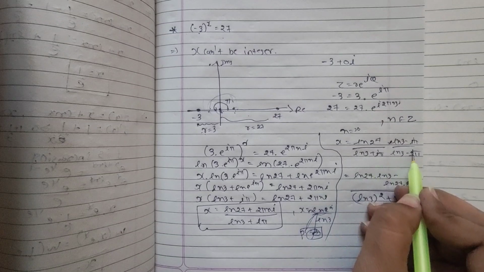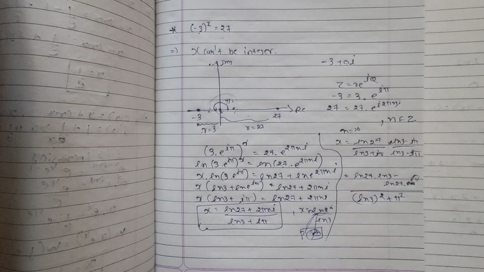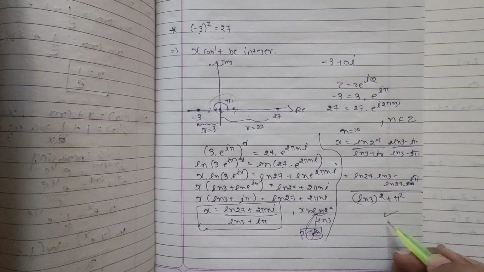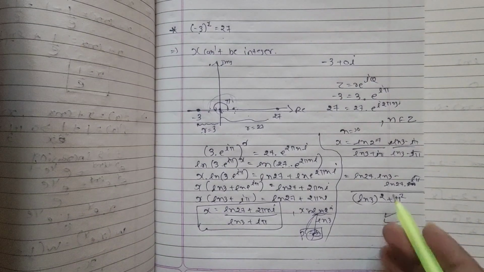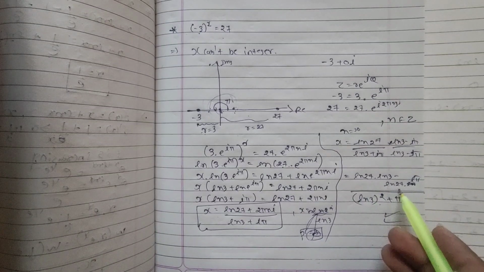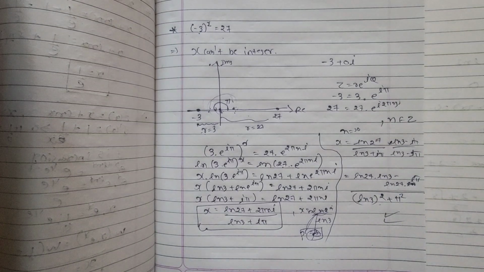Why? Because iota square will become minus, and minus will become plus, right? So you can say here this is also our answer, and you can also write this as different denominators: ln 27 ln 3 by this minus ln 27 into iota pi by this, right?